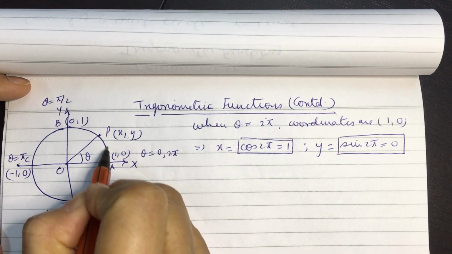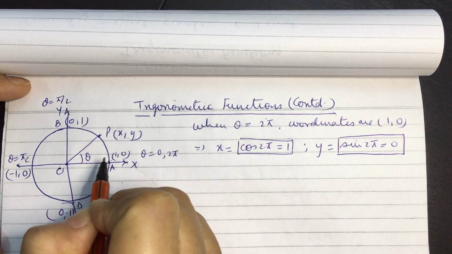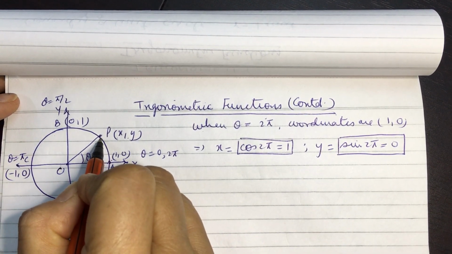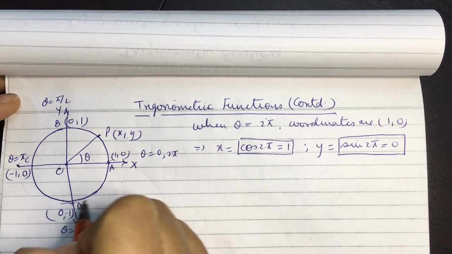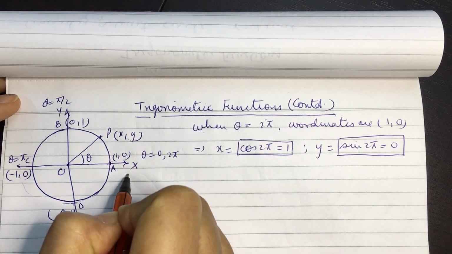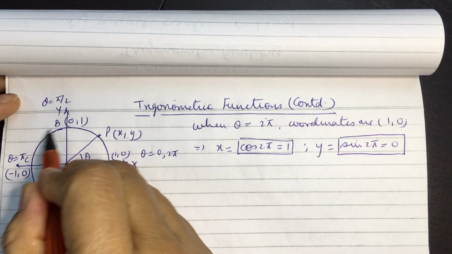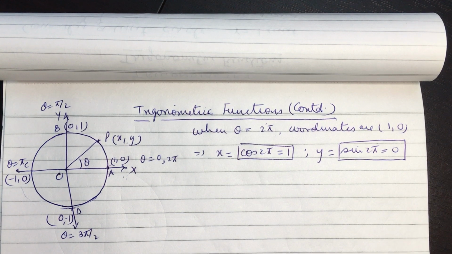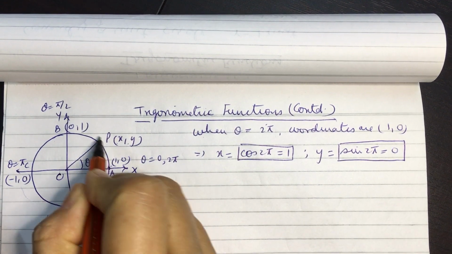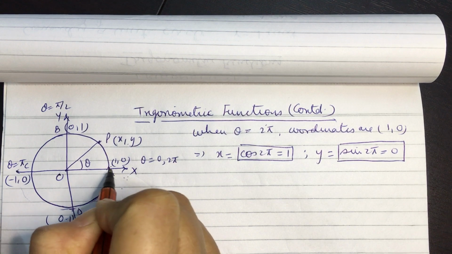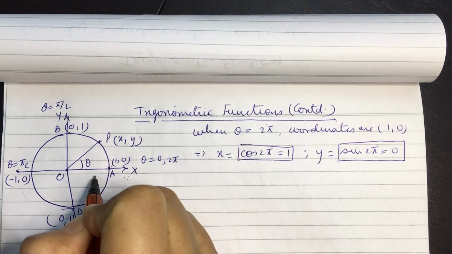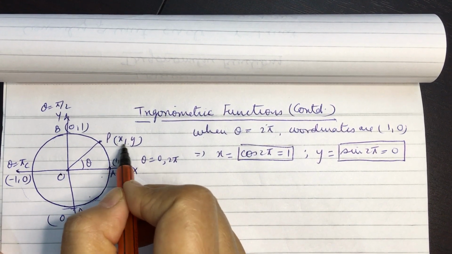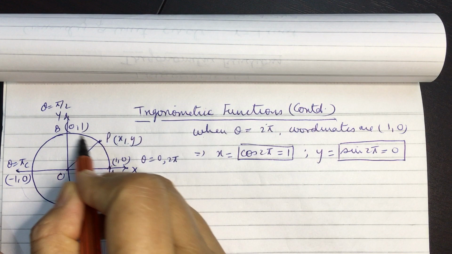Likewise, if we execute the circle again, going beyond 2 pi, the angle would be 2 pi plus theta, then we come back to 4 pi, then to 6 pi and so on. Each time we keep adding 2 pi to the angles, we execute the circle again, and all the corresponding values of x and y are repeated.